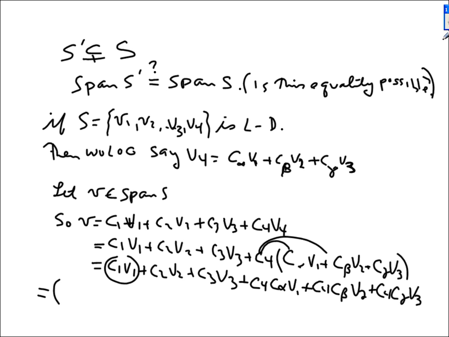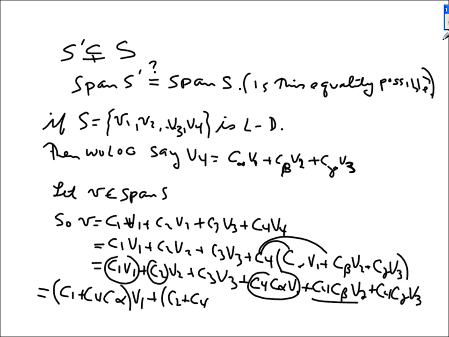So this gives me C1 plus C4 C alpha times V1, a multiple of V1, plus C2 plus C4 C beta times V2 plus C3 times V3 plus C4 C gamma times V3.